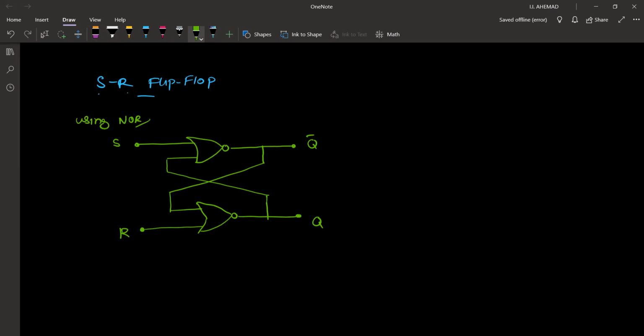Before we discuss any further, let's understand why we actually need an SR flip-flop, and then we can come back to this idea. Let's think of a security alarm system. This security alarm system is going to work like this.